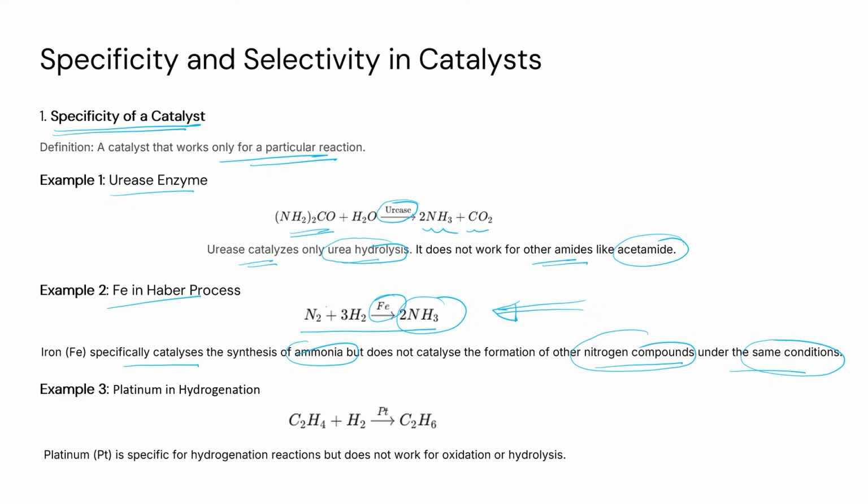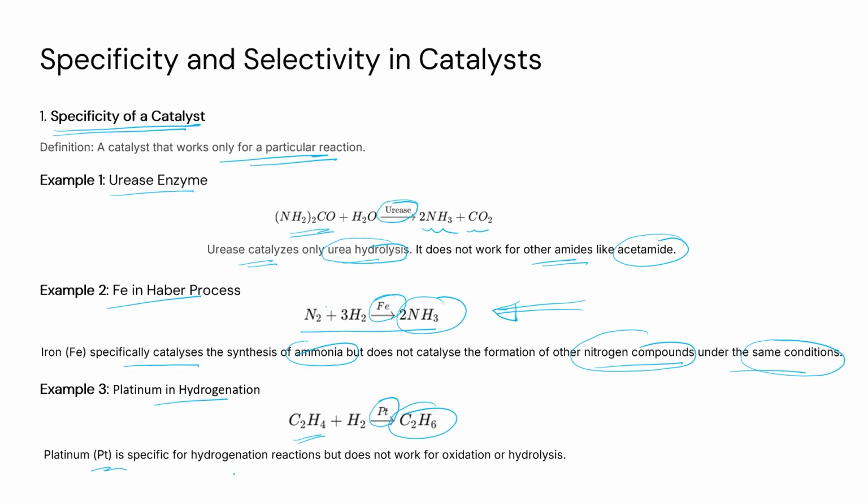Likewise, suppose you talk about hydrogenation reaction using platinum as a catalyst. Suppose you are taking C2H4, which is an alkene, you hydrogenate it to form ethane, so you are doing a hydrogenation reaction. In this particular case, you are using platinum as a catalyst.